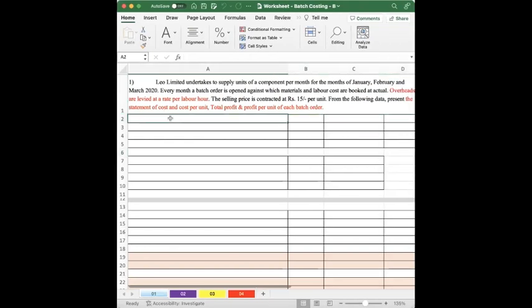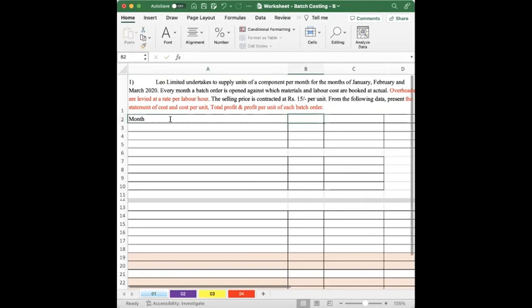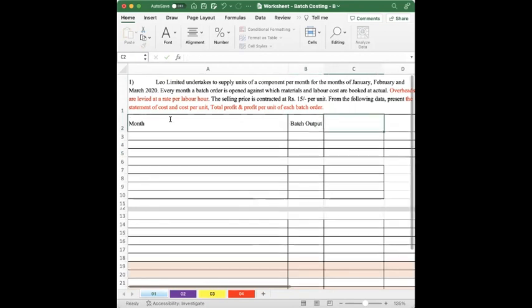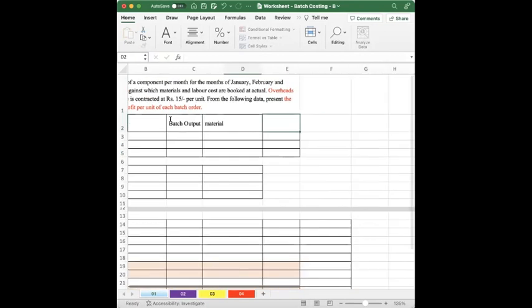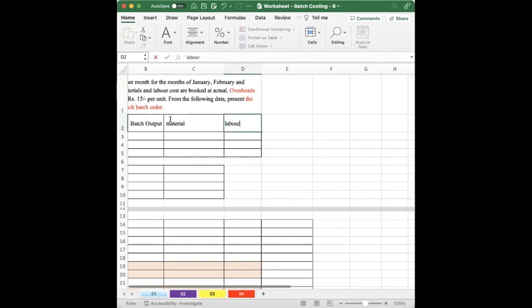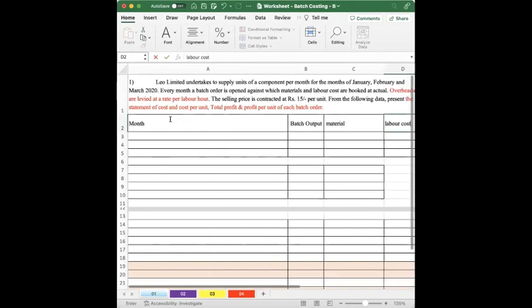Okay. So here they have given the data. Batch output, material, labor cost. So months are January 2020, then February 2020, March 2020, right? Fill in the batch outputs.